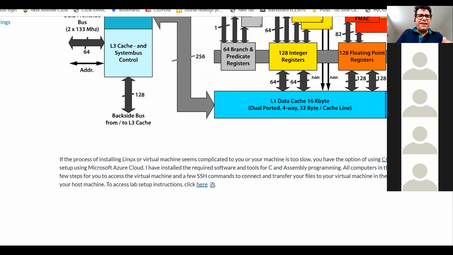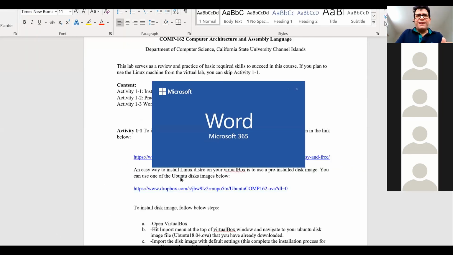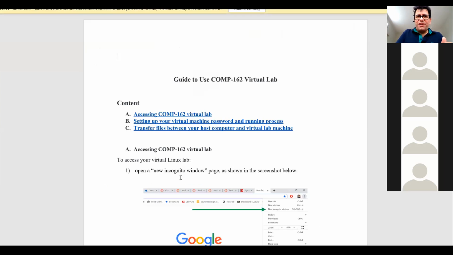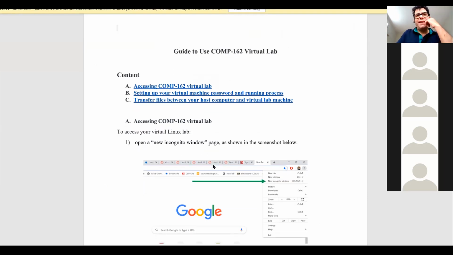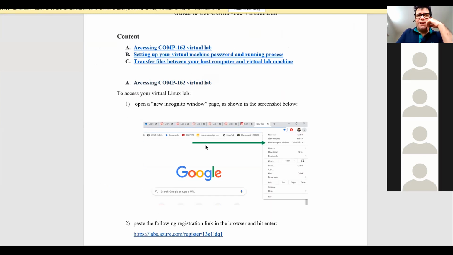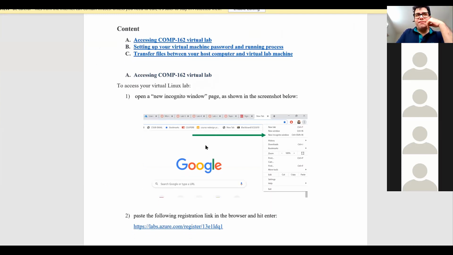You just save it, and then you open it. It tells you the process of setting up your lab. It's not that difficult. Accessing the COMP-162 virtual lab. So this is the first step if you want to use the virtual lab.